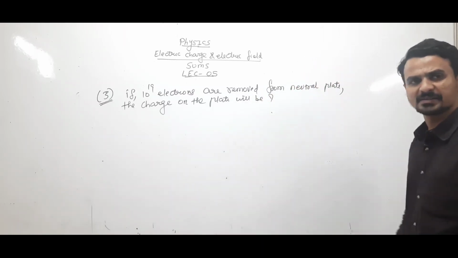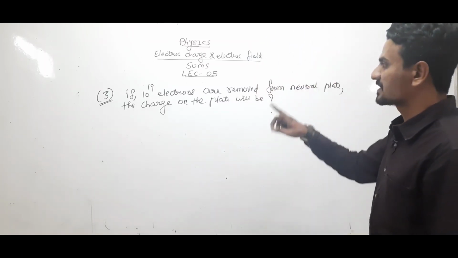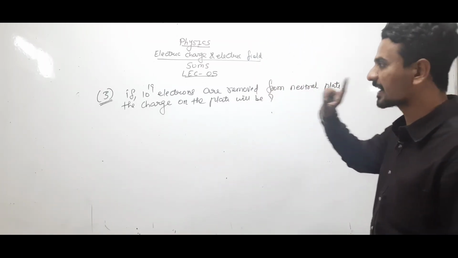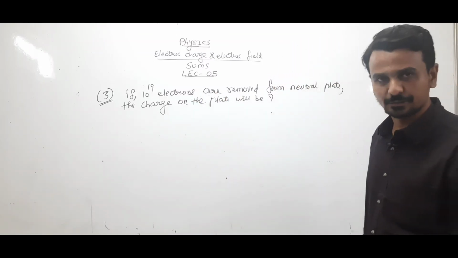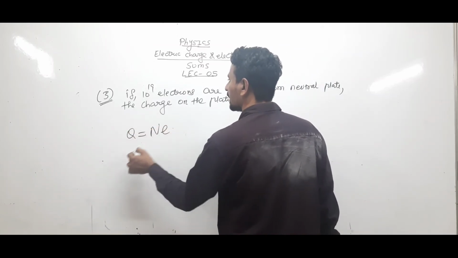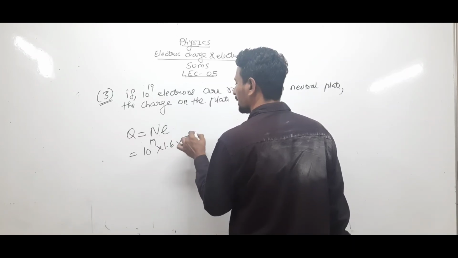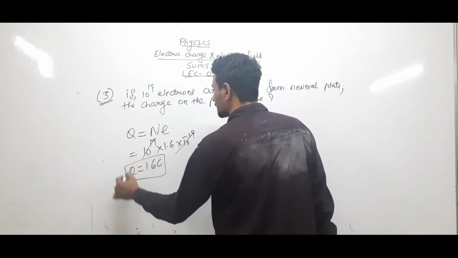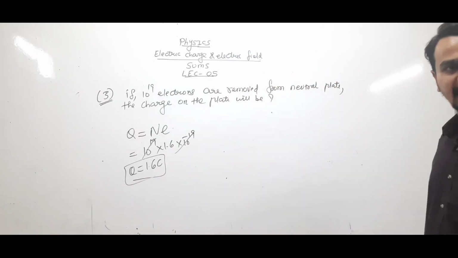The question is very easy. Again we will use the same formula, quantization of charge. 10 raised to 19 electrons are removed. So one thing is very sure, that electrons are being removed from the plate. So the plate will have a positive charge, right? So use this formula, Q equals to n e, 10 raised to 19 into 1.6 into 10 raised to minus 19. So 1.6 coulomb. This is the charge which the neutral plate will have.